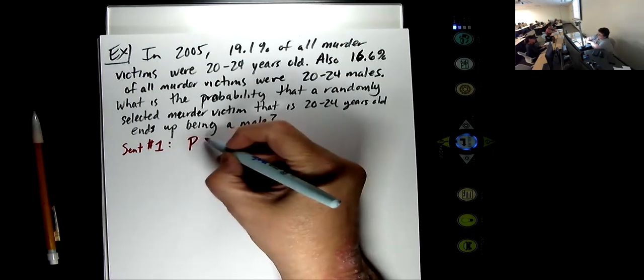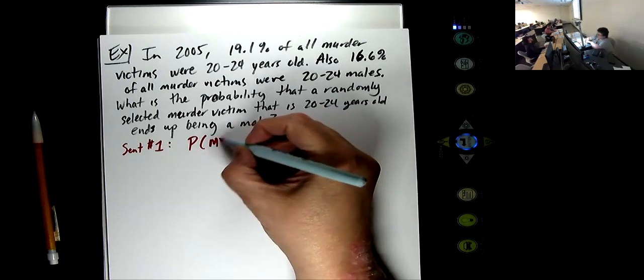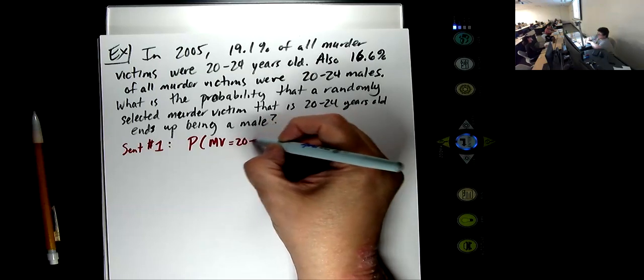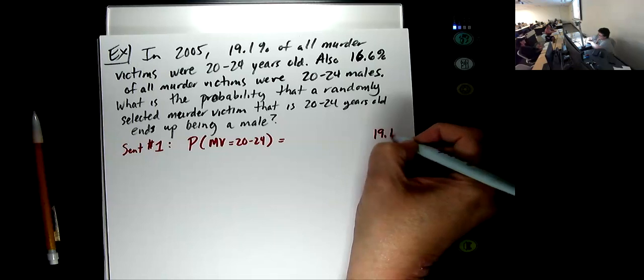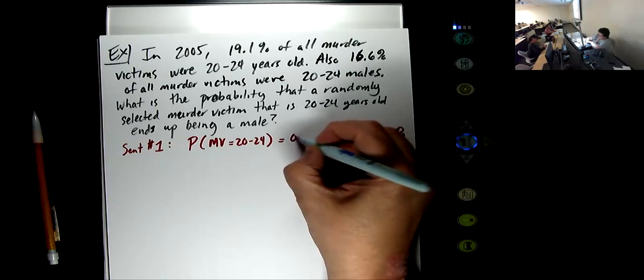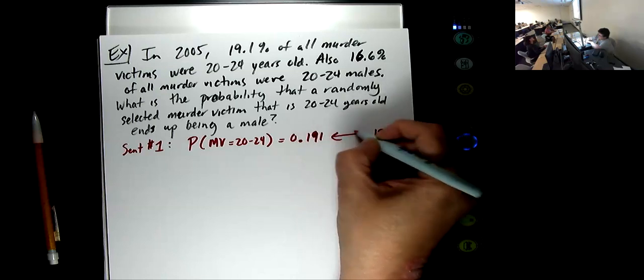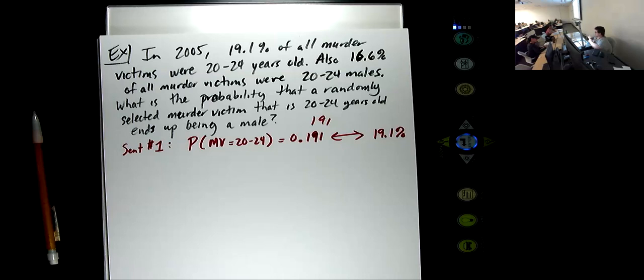So the probability of a murder victim being 20 to 24 was 19.1%. As a decimal, that is 0.191. I'm going to use MV for murder victim. Otherwise, this makes a really long parentheses.